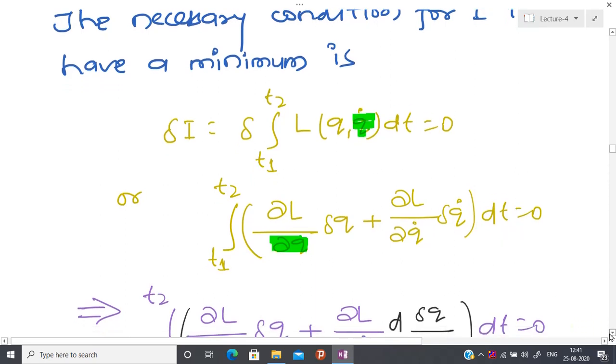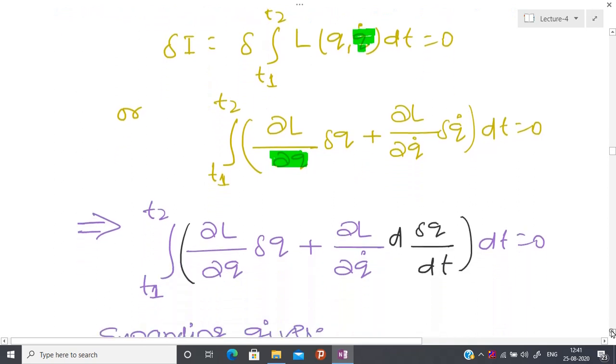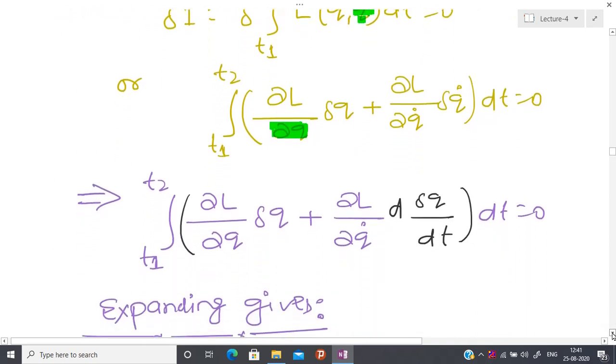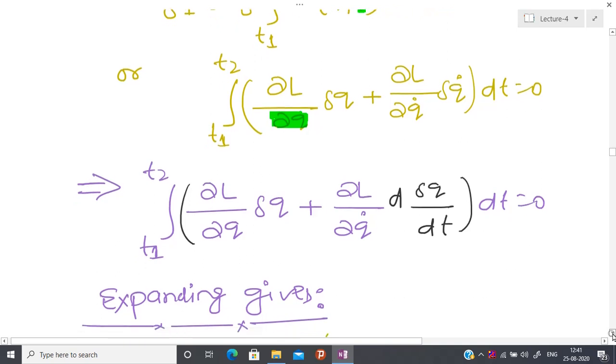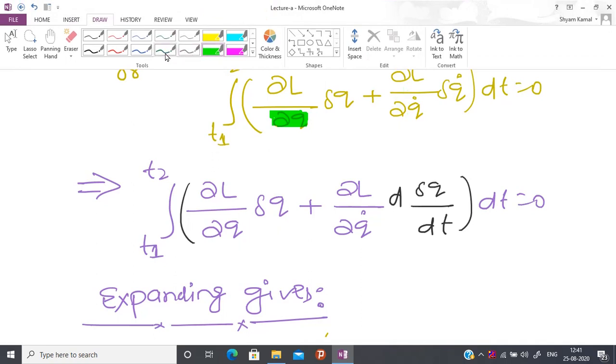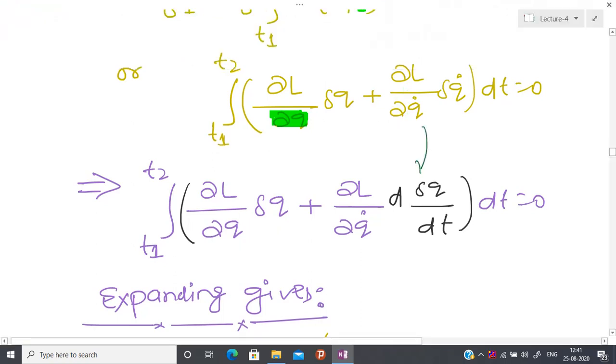I think this is very obvious. Several times you have used this kind of formulation in order to minimize some function. Now here you can see that I can also write one kind of equivalent expression to this.